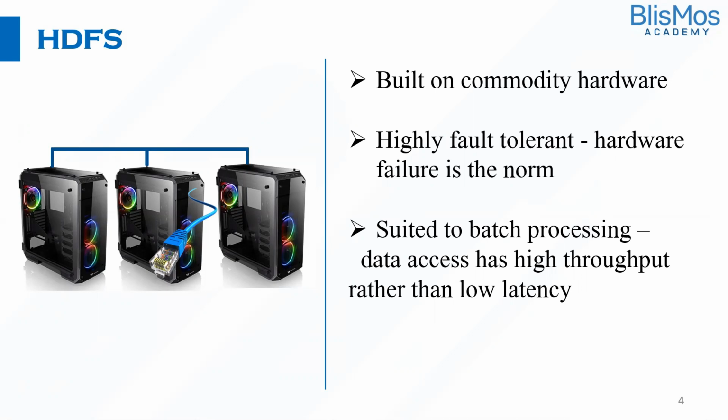We are not worried about low latency. The next one is that it supports very large data sets. HDFS is the storage layer in the Hadoop ecosystem which supports big data storage and processing, right? So by default HDFS supports storage of a large amount of data.